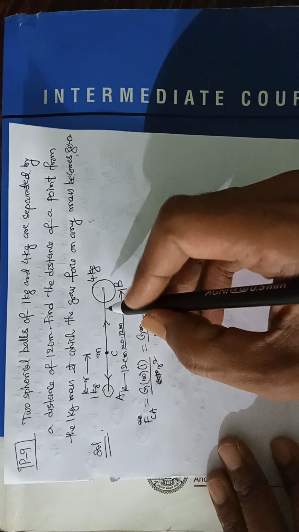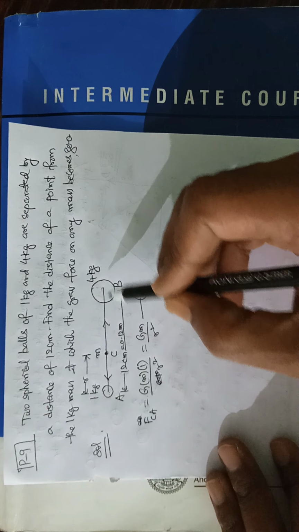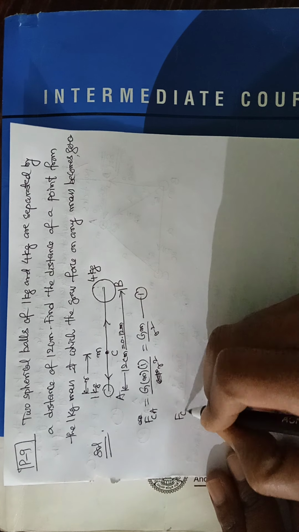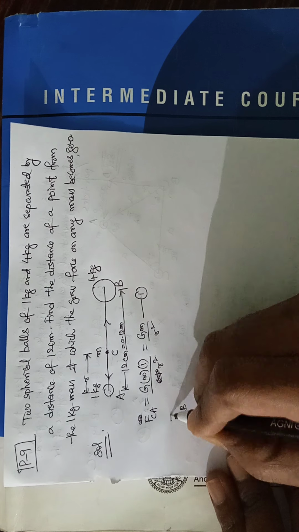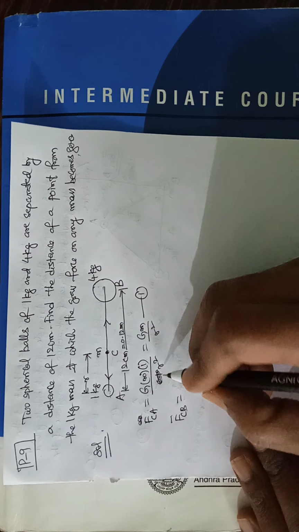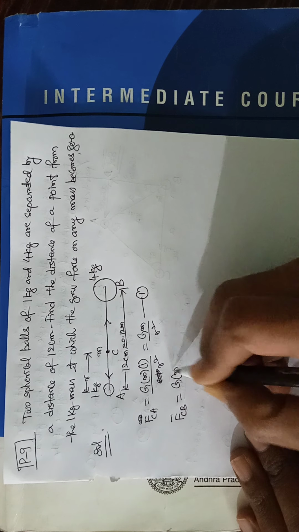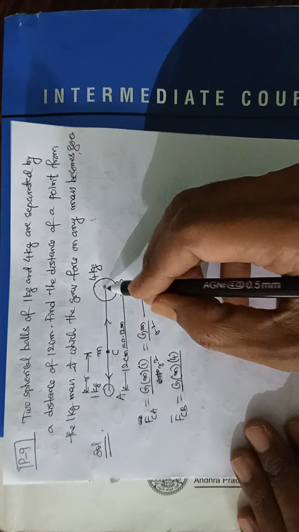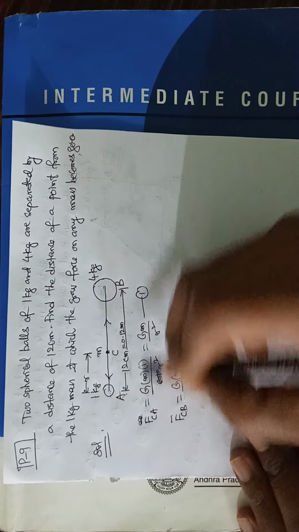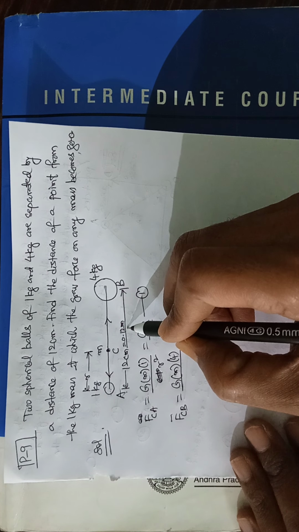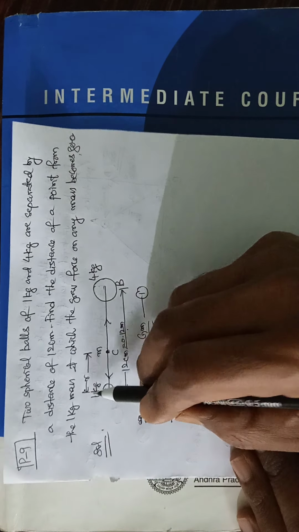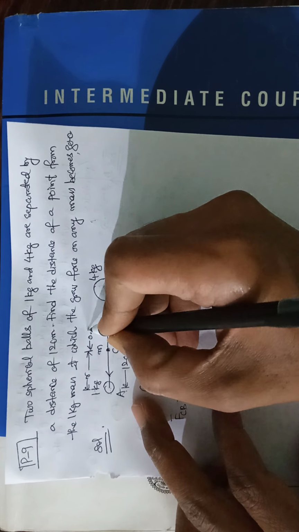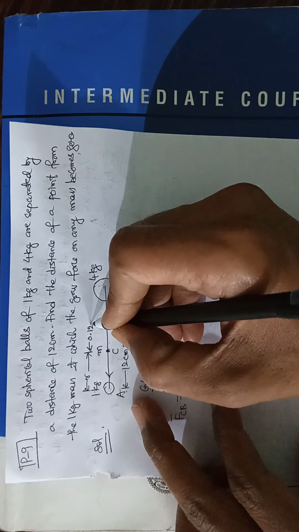Now let us consider force on C by B: capital G M into 4 kg by the distance between these two, which is from here to here, 0.12. From this, if you subtract R, this will come. So this is 0.12 minus R.